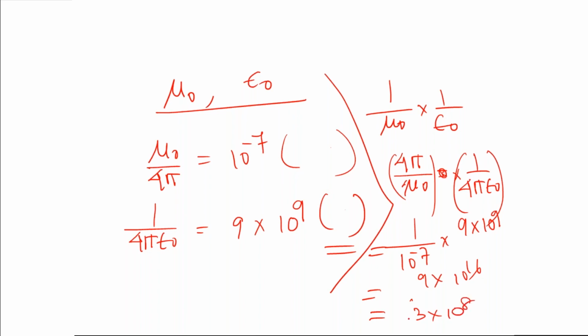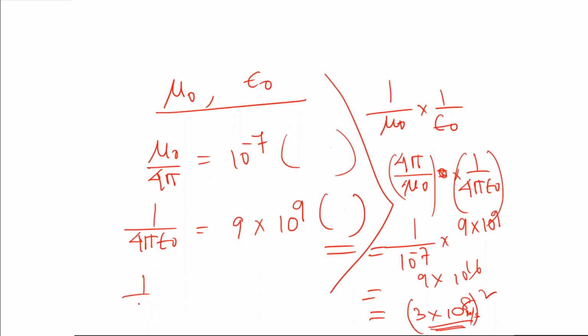So look here, I can write 3 into 10 to the power 8 and whole square. So what is this value? Suppose this is meter per second. This is the velocity of light, isn't it?